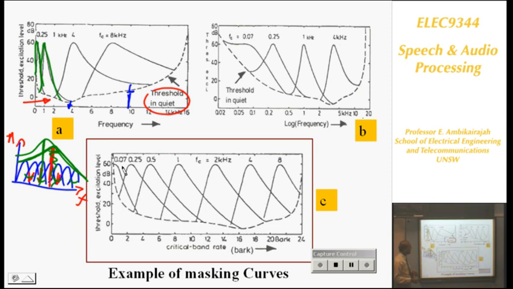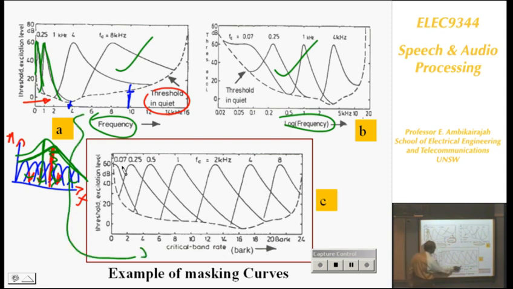You see? And if you convert the frequency into low frequency, these are squashed, so the masking pattern looks different. People were puzzled how the system could model all these, because this is a different function, this is a different function. But when they did the measurement on a Bark scale, converting all these frequencies into Bark scale, they found the masking pattern looks the same, immaterial of what frequency you are looking at.